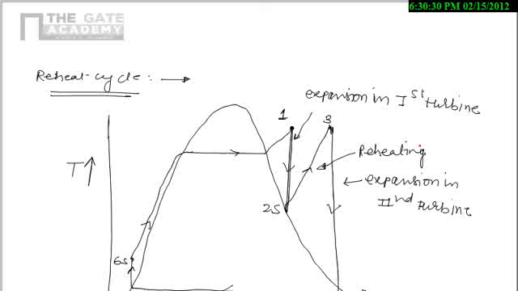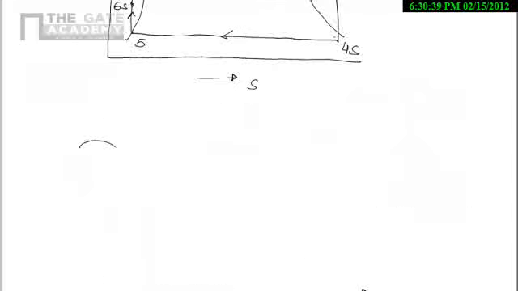So this one is the process, or I think from this diagram it's clear, but if you want the block diagram, I can also draw the block diagram. Suppose here it's a boiler.